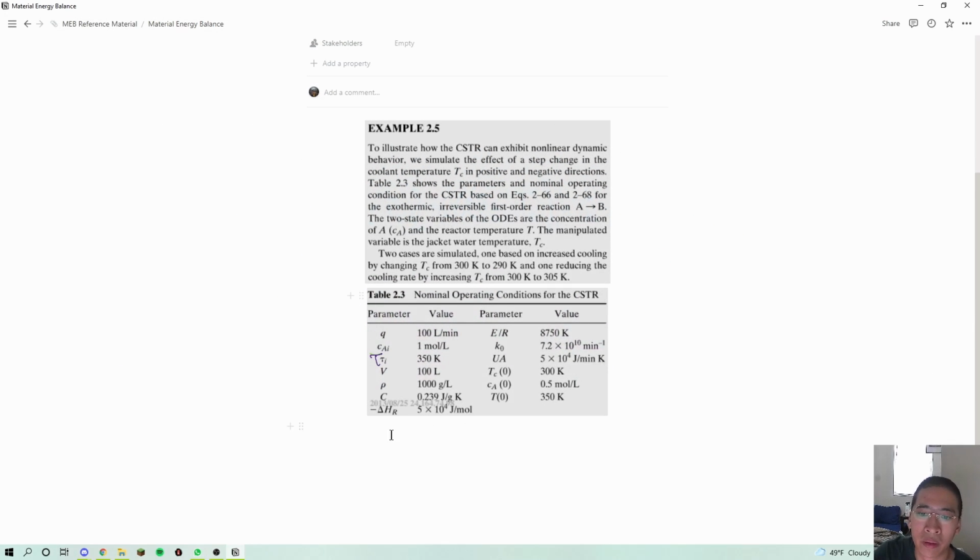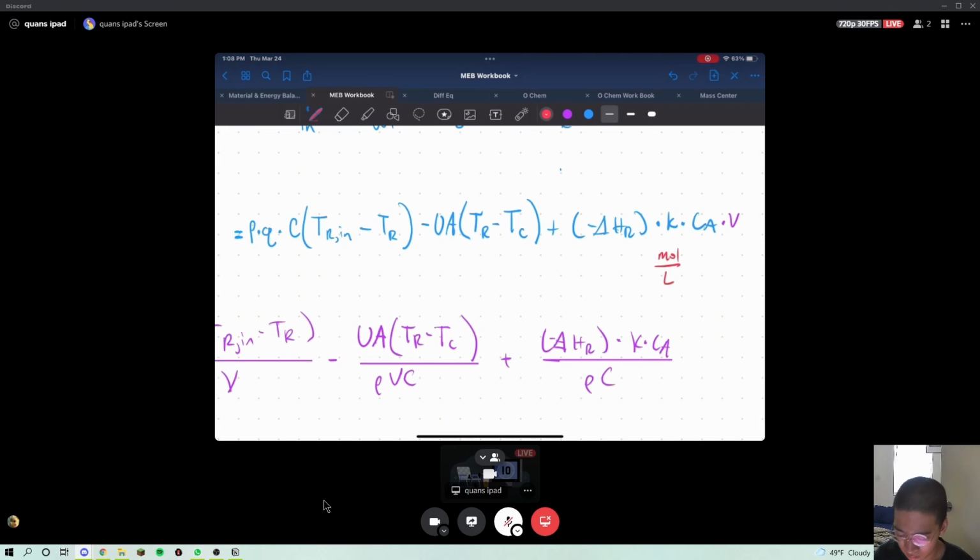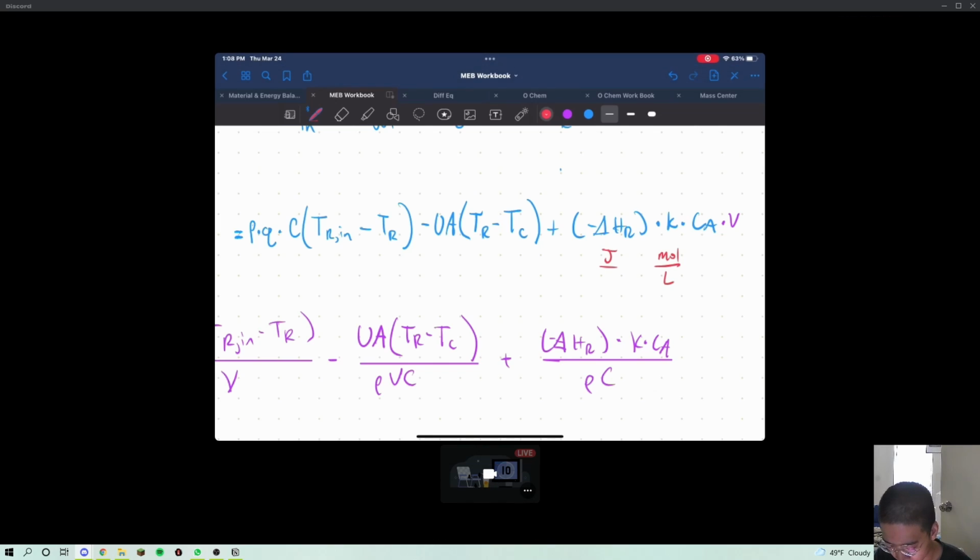Delta H_R is given in joules per mole. Moles cancels out, but not liters. So we need to multiply by a volume term in order to get everything to just be joules.